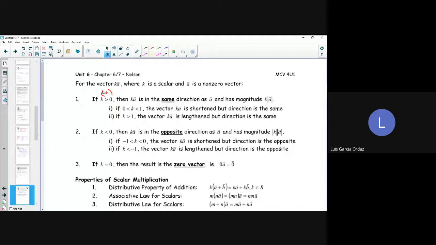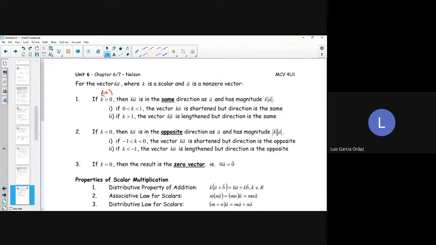If k is less than -1, the vector ka is lengthened, but the direction is opposite. If k is equal to 0, then the result is the zero vector, which means 0 times vector a is equal to my zero vector.